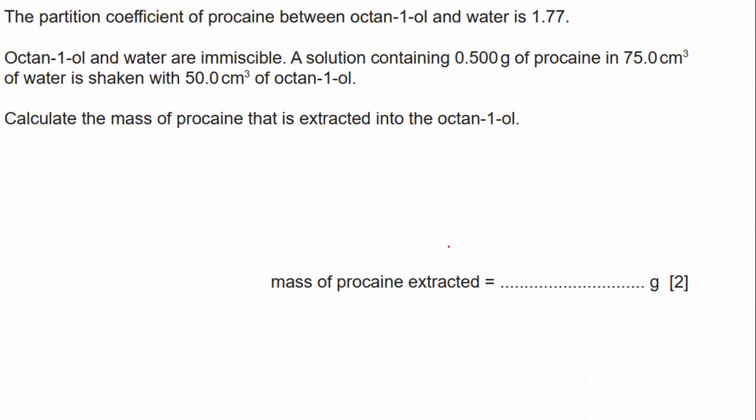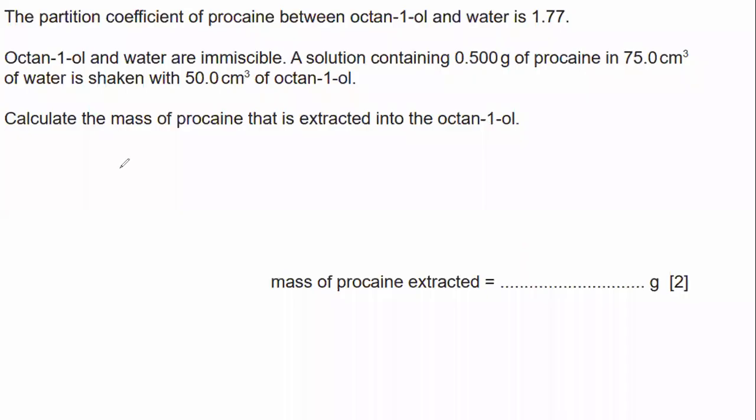Right. We have here another question. I think it's from 2022, the newest paper. So let's see the question. The partition coefficient of procaine between octan-1-ol and water is 1.77.